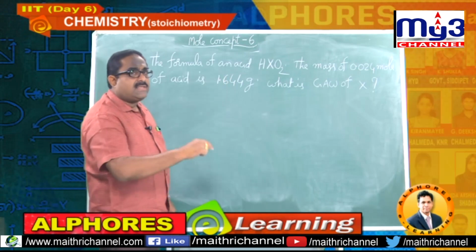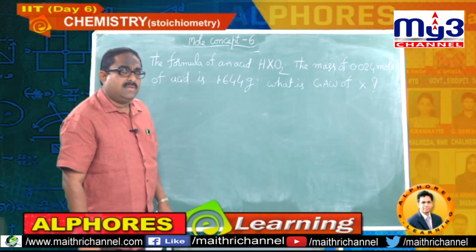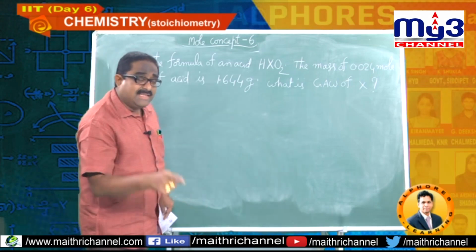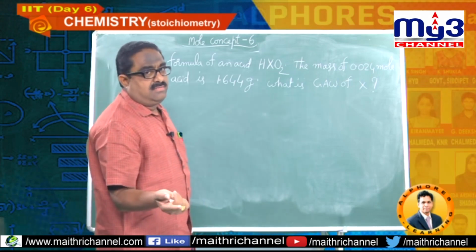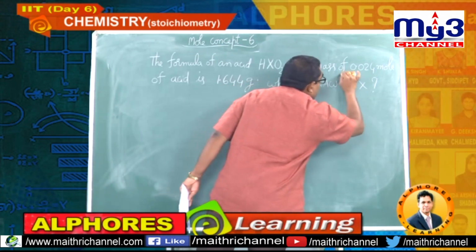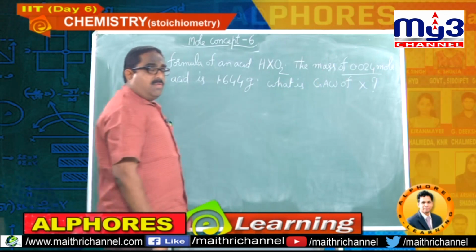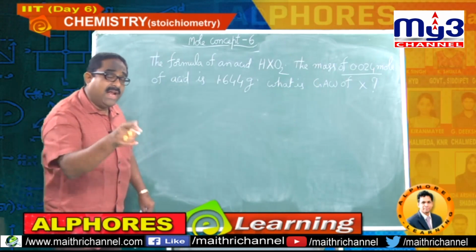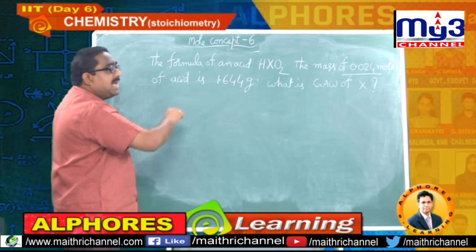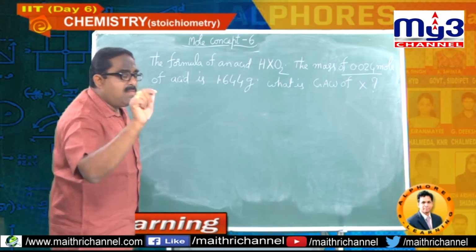According to the definition of molecular mass, the mass of 1 mole of acid is nothing but its molar mass. But he has given the mass of 0.024 moles. To get the molar mass of the acid, we have to calculate the mass of 1 mole of acid.